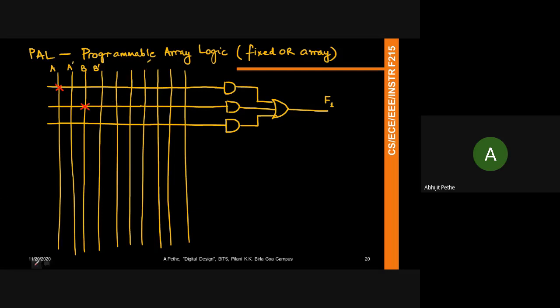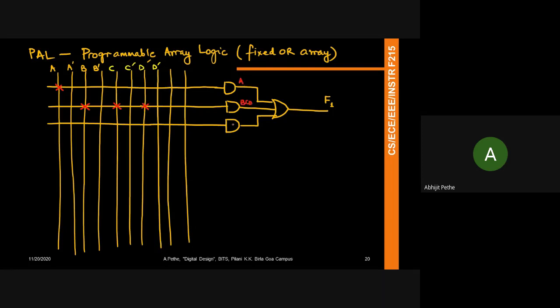Let me renumber. So this is B, B prime, C, C prime, D, D prime. Now if I want to generate BCD, this is my B, this is my C, this is my D. So this term I've generated as A, this is BCD.